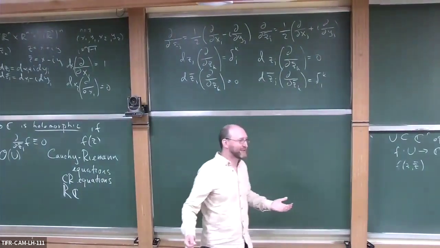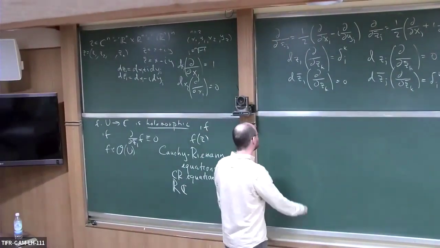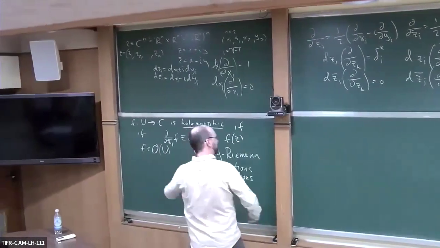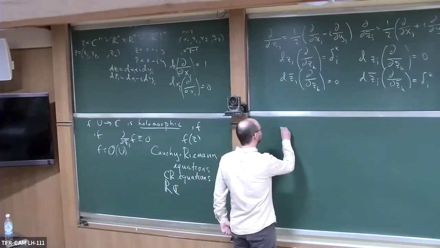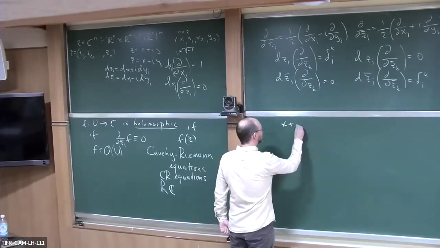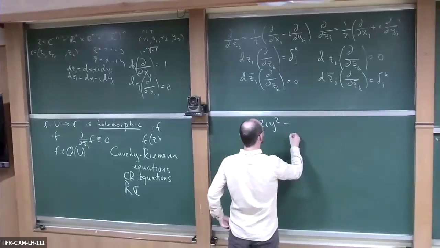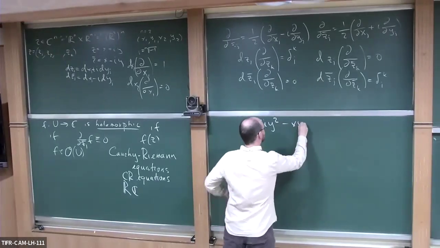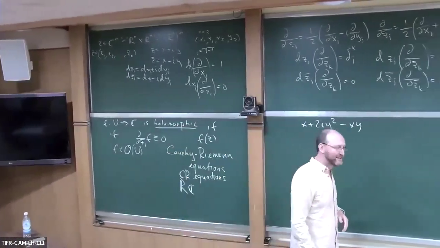The simplest examples of anything like this are polynomials, right? If I write down some polynomial, and I'm just going to write down something random. It's not going to be holomorphic, but x plus y squared minus, I don't know, xy. I'm just writing down a random polynomial in x and y.